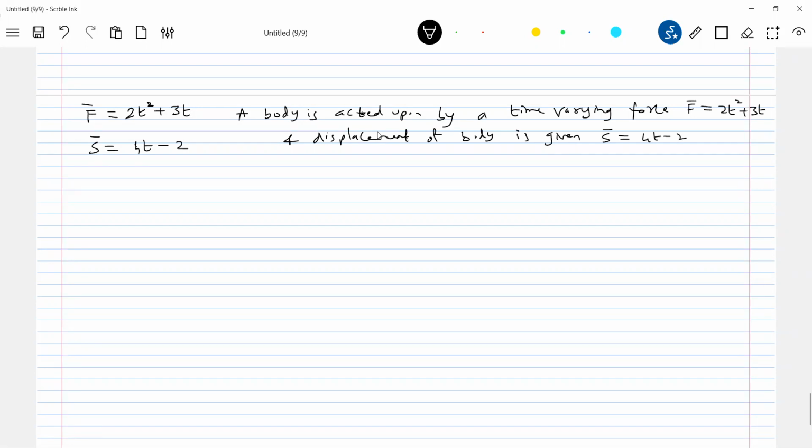So I want the work done by this force from 0 to t.